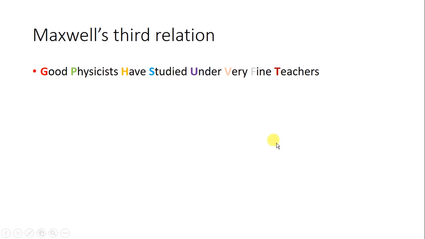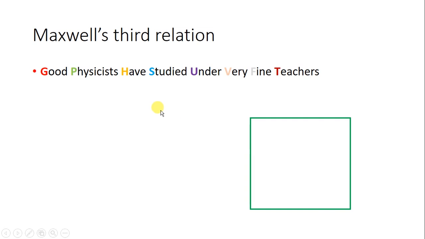Third Maxwell relation, again we will draw a square. We'll write this: good physicists have studied under very fine teachers. For the third relation, we have to draw an arrow towards left.